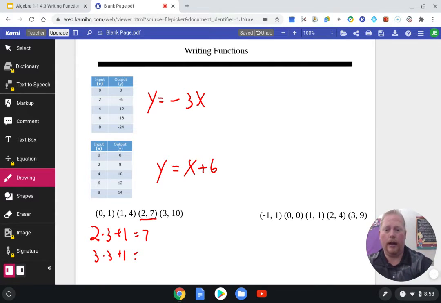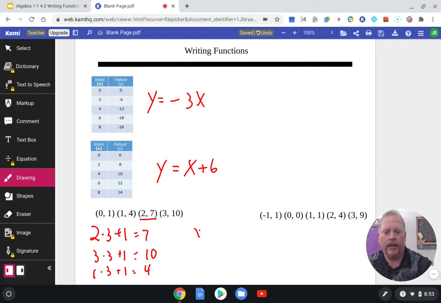All right, I might be getting somewhere. Let's see if it works for the other ones. 1 times 3 plus 1 is 3 plus 1, which is 4. And 0 times 3 is 0 plus 1. Okay, I think I found it. So I take whatever the x value is, multiply it by 3, and then add 1.